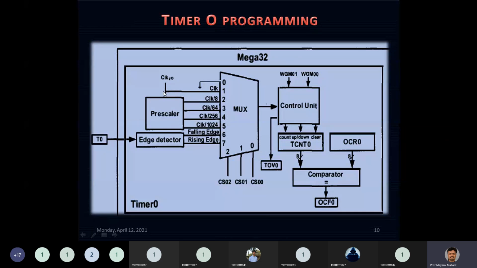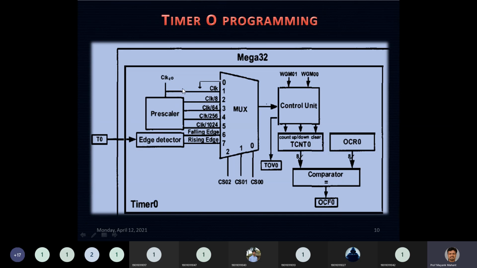For that we have a prescaler circuit here, where the clock is taken directly as input, and it can either be divided by 8, divided by 64, divided by 256, or divided by 1024.